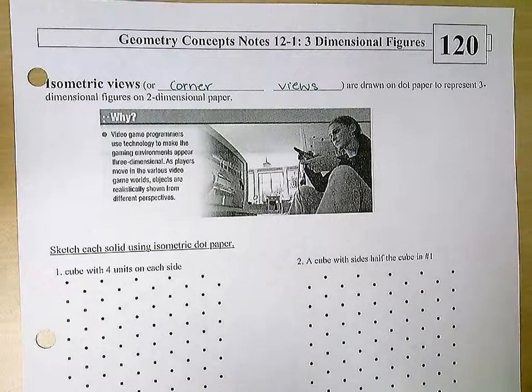As players move in the various video game worlds, objects are realistically shown from different perspectives. So in different games, you do have these three-dimensional objects. They use this kind of view to create those objects. That's why it's important to use.